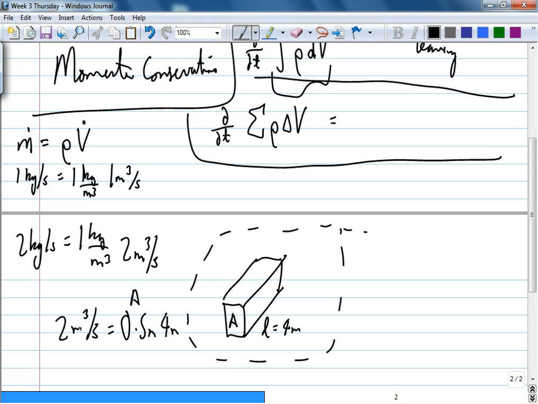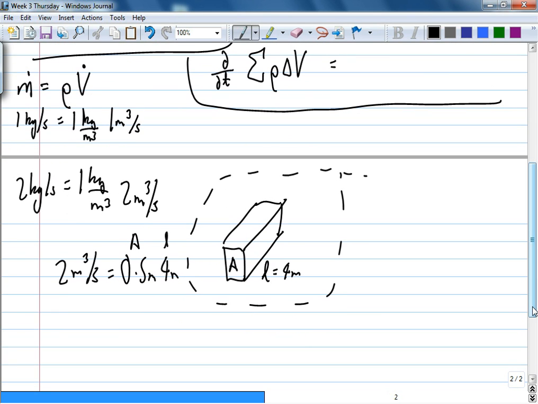So for a given area of 0.5, 4 meters of this block, this ice block cube, has to enter every second to give me 2 meter cube per second.